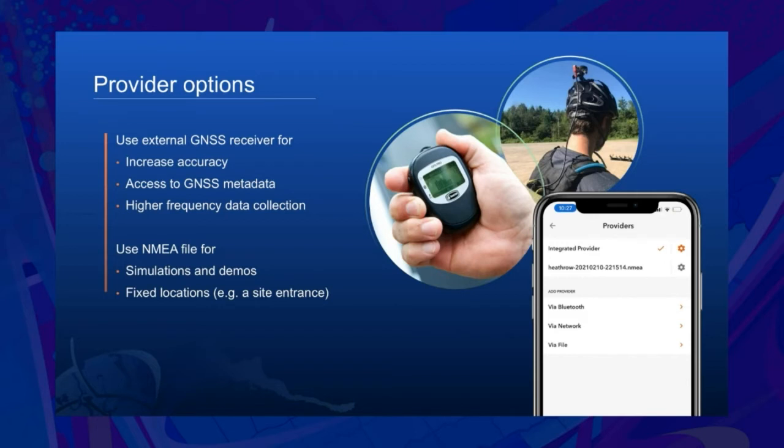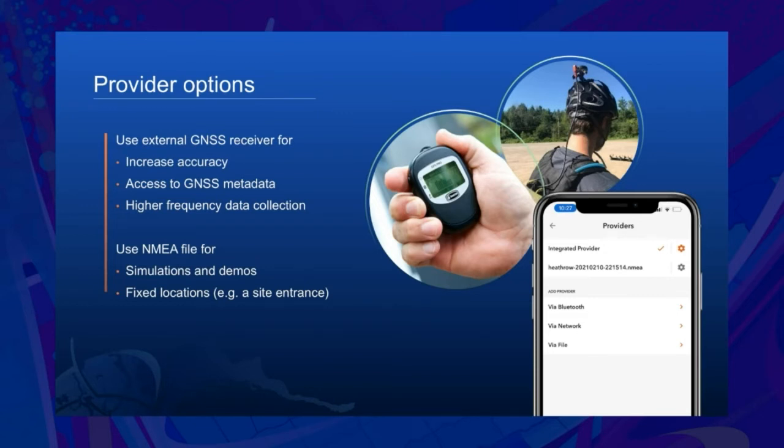Users can change the provider used to get a location. By default, the app is configured to use the integrated provider, which essentially is your phone's internal GPS. But you can also connect to external receivers, and this is pretty useful if you want to increase the accuracy that you are getting, possibly taking it down to centimeter accuracy with the right receiver and corrections.